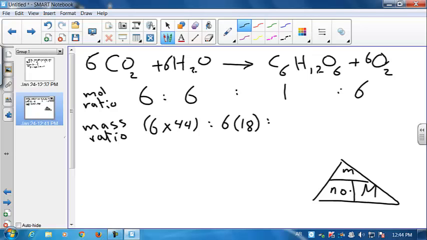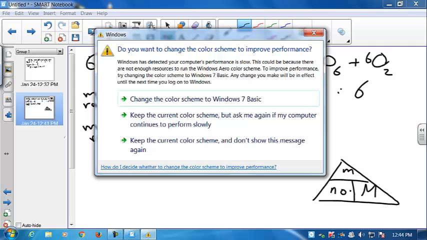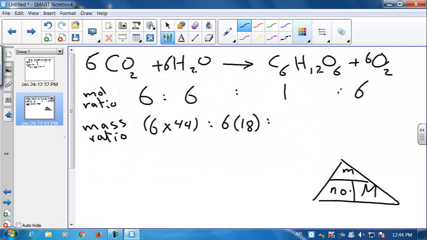Make sure. 16 times 6, this is 96, plus 12 times 1 for the hydrogen, plus 12 times 6, 72 for carbon. So how many grams?